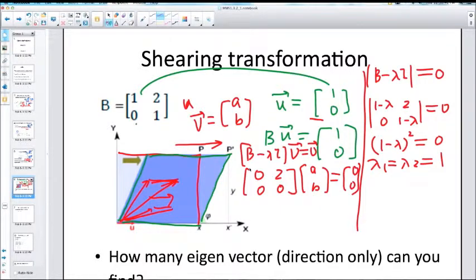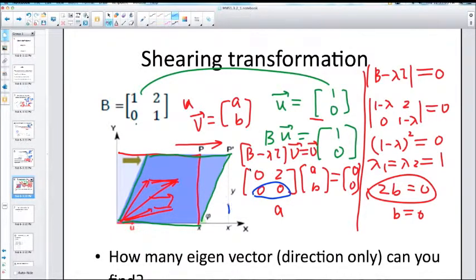If you have done your homework, you know this is how we calculate the eigenvectors. Then you get 2b equals 0. That's the only equation, so b equals 0. What about a? Free. You get one degree of freedom because the rank equals 1. See, the rank equals 1, and then one freedom.